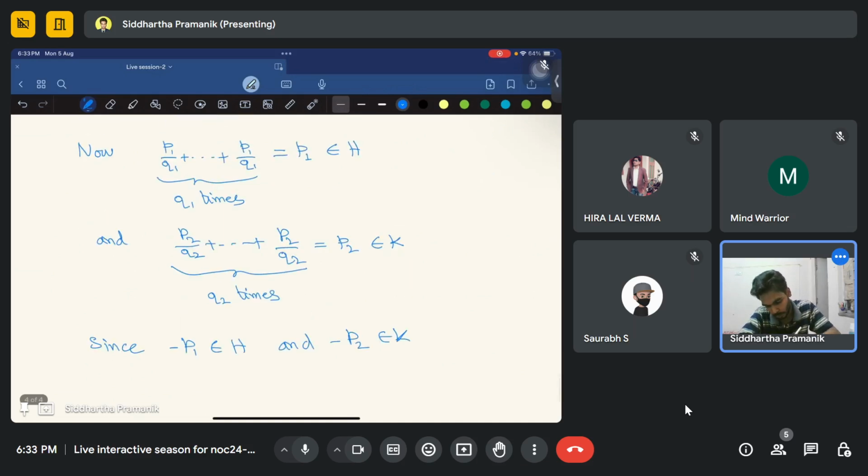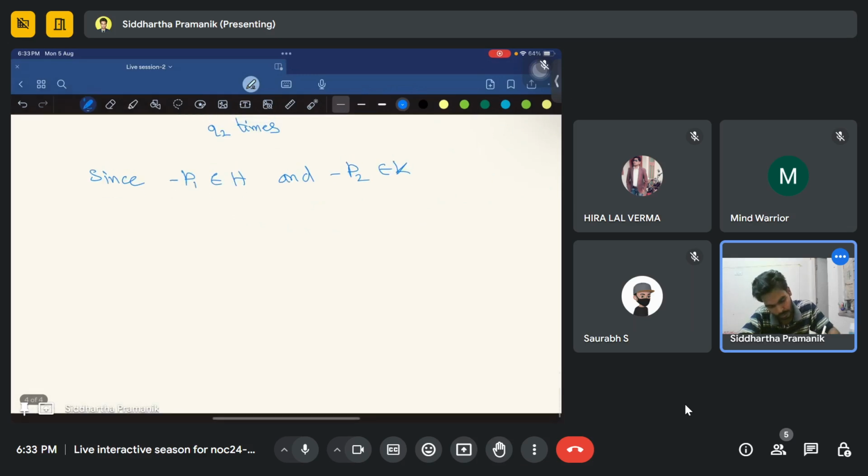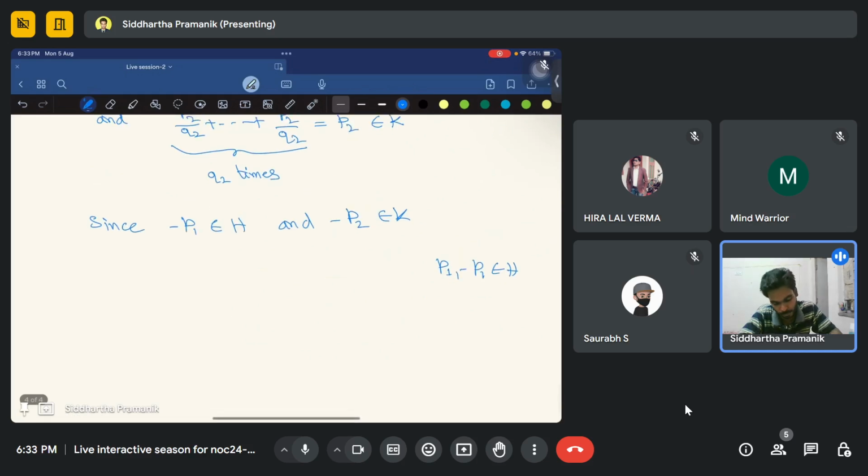So you have p1 and minus p1 both belonging to H. One of them should be positive, right? Either p1 is positive or minus p1 is positive. Similarly for p2 also. So we can assume p1 and p2 both are positive.